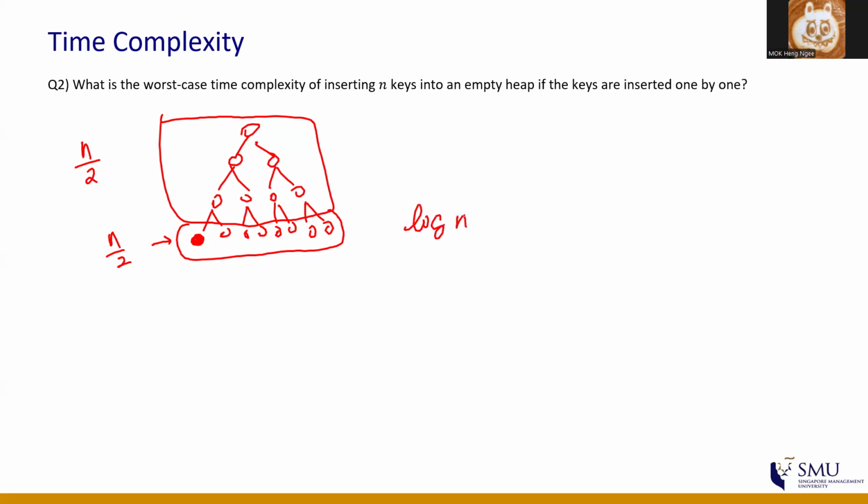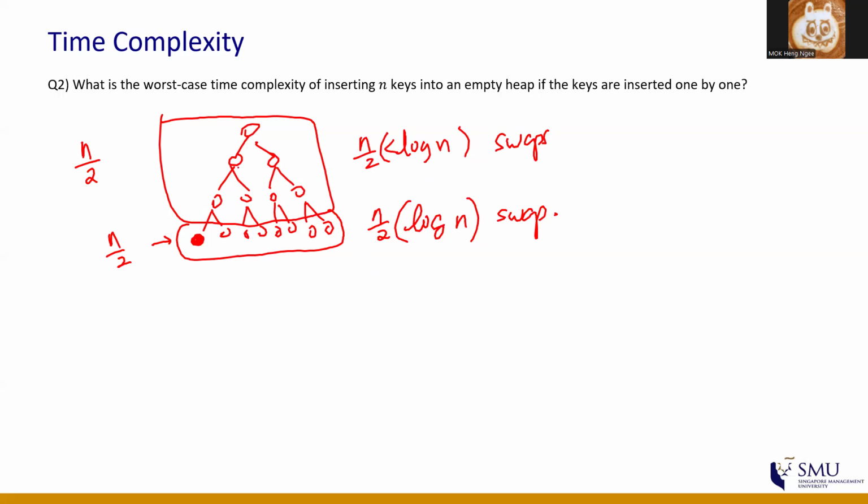So log n swaps in the worst case for n over 2 nodes. What about those at the top here? Again, there are n over 2 nodes, but in the worst case, to insert them one by one, how many swaps are required? It is going to be less than log n.